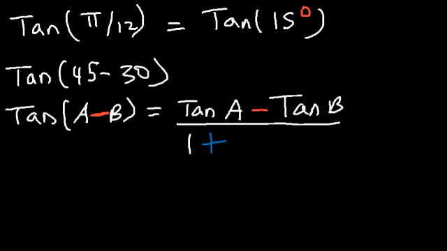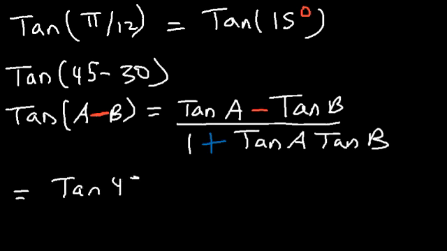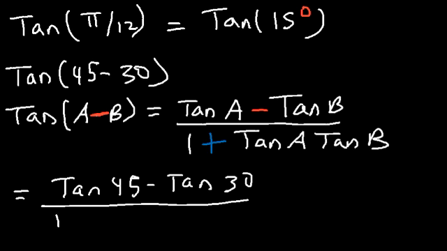So it's going to be 1 plus tangent A, tangent B. So A is 45, B is 30. So this is going to be tangent 45 minus tangent 30 divided by 1 plus tan 45, tan 30.